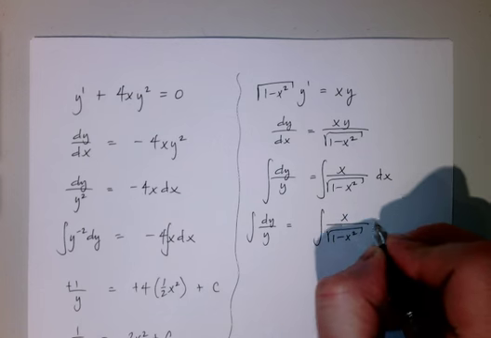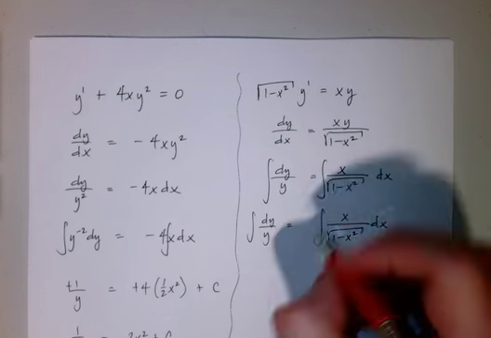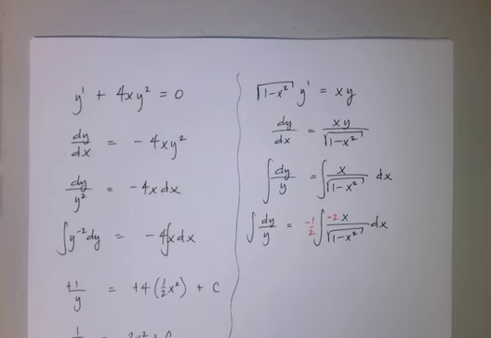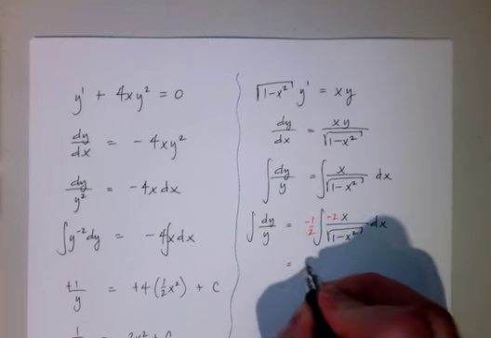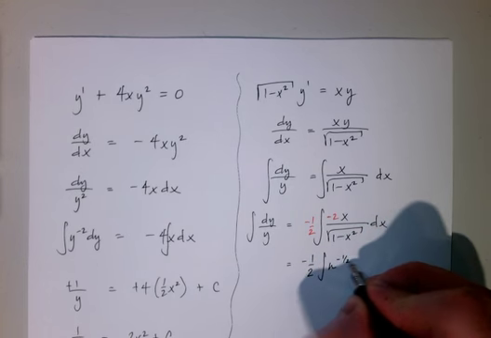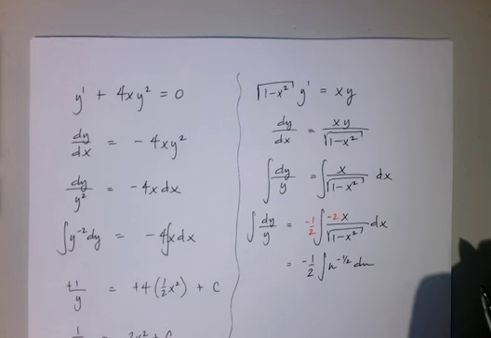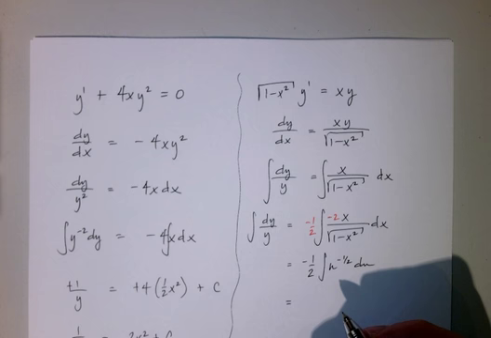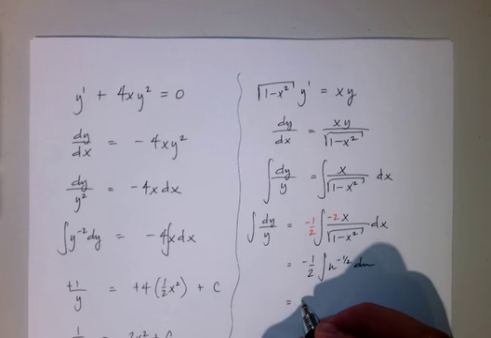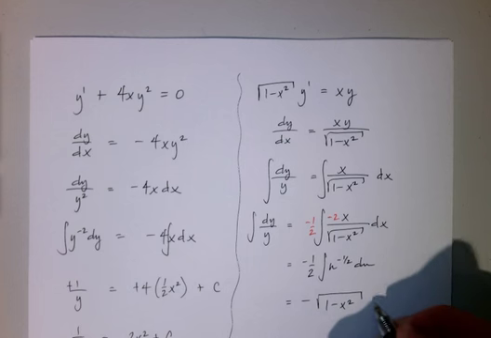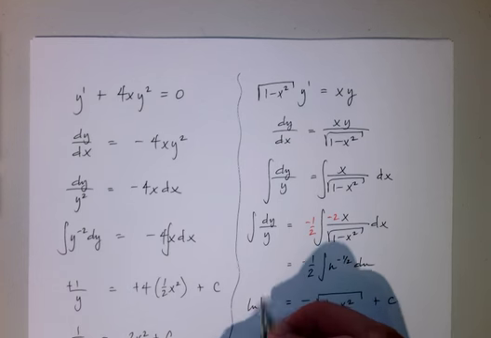Minus x squared dx, that becomes -2 and -1/2. Okay, so this becomes -1/2 u to the -1/2 du, which then becomes 2 u to the 1/2, and that makes -1 minus x squared plus c, and that's natural log of y.